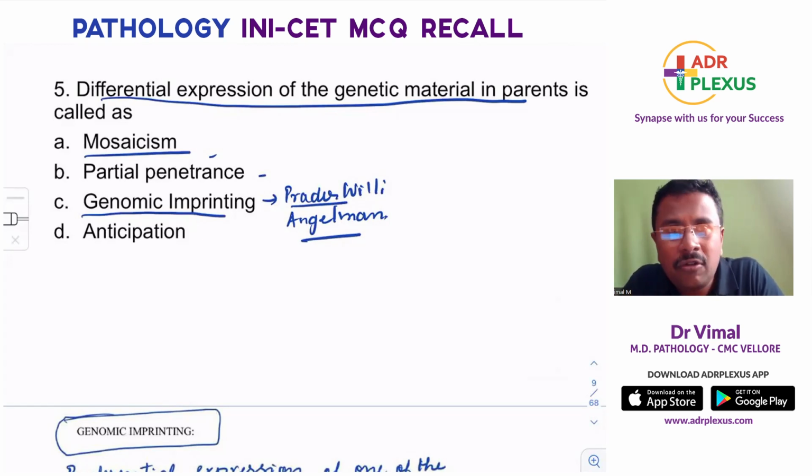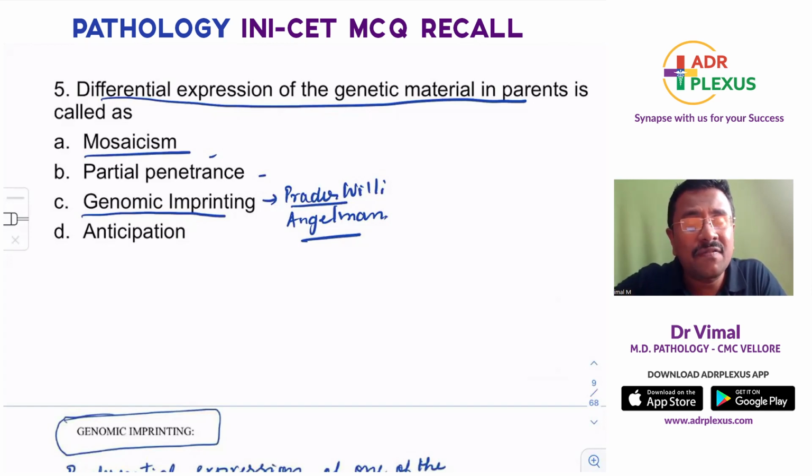Okay. Then coming to the last option, anticipation. What is anticipation? Where did you read about this? Yes, very good, it is Fragile X syndrome. You will have the phenomenon of anticipation. As you go into subsequent generations, the disease severity increases.